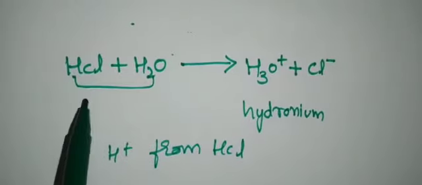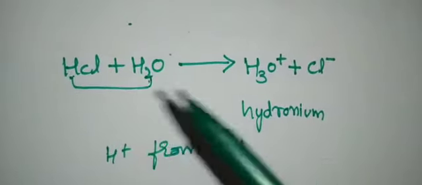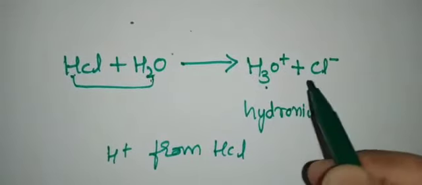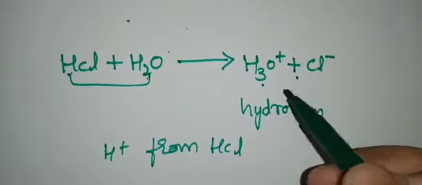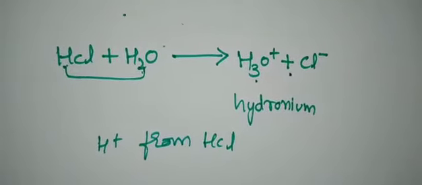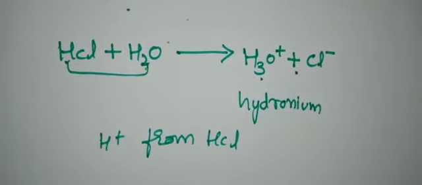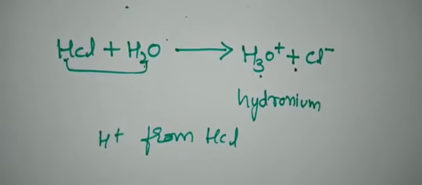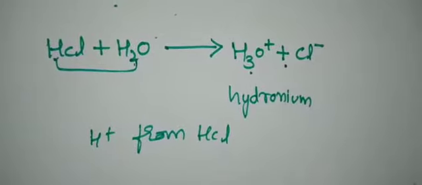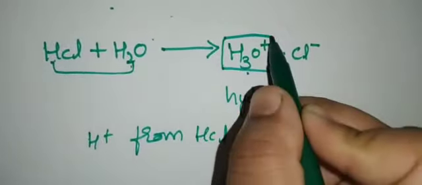The reaction is, when HCl combines with the moisture present in the litmus paper, it produces hydronium ions and chloride ions. The hydrogen ions cannot exist alone, but they exist after combining with water molecules. Only when they combine with water molecules do they produce hydronium ions.